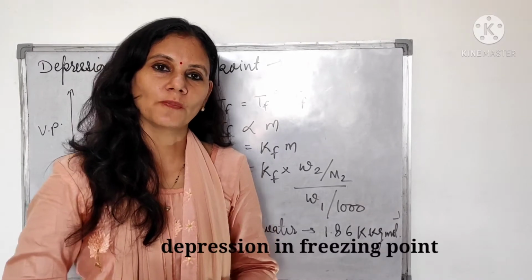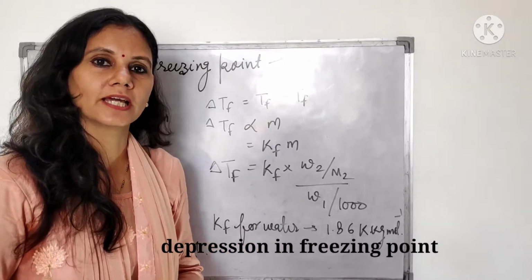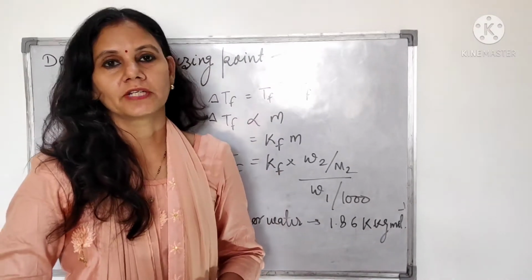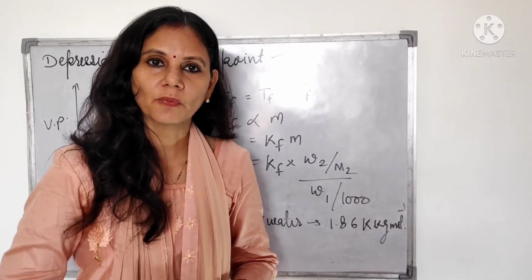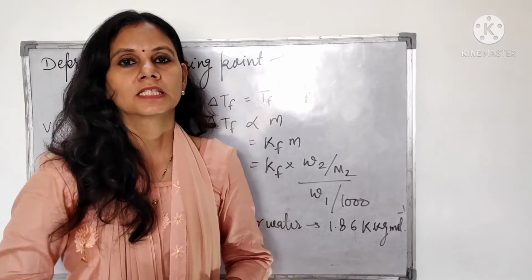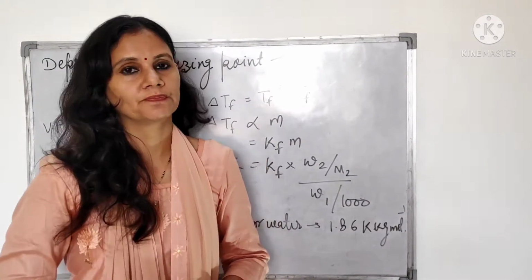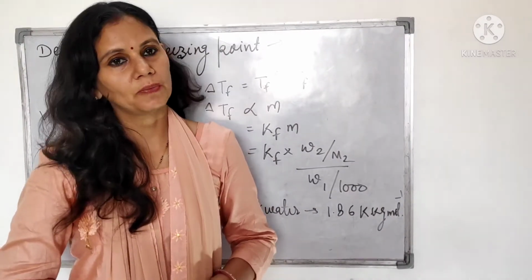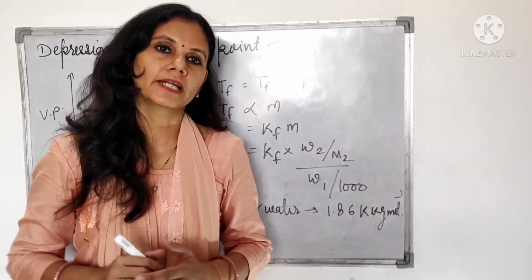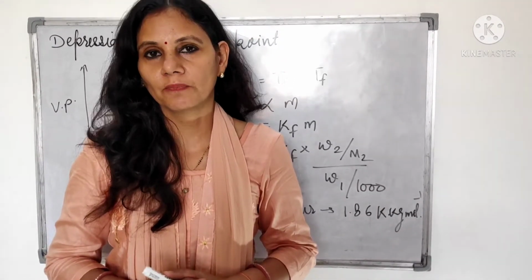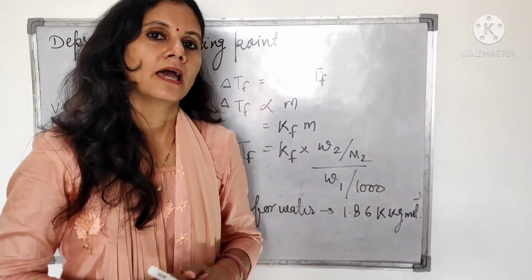So the next property, the third property, is called depression in freezing point. So children, what is freezing point? It is when the substance starts to solidify, meaning liquid and solid are at equilibrium. At this condition, vapor pressure also decreases, and this is also related with the decrease in vapor pressure. So we have to discuss depression in freezing point.